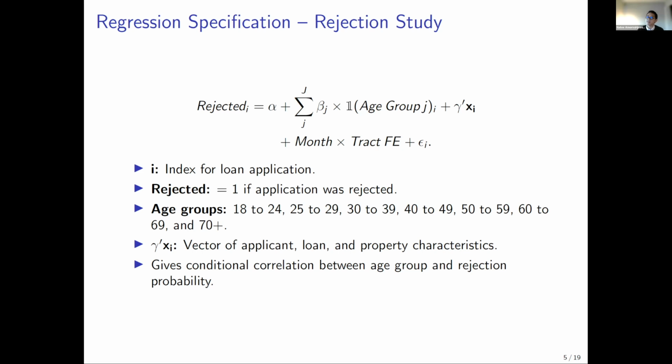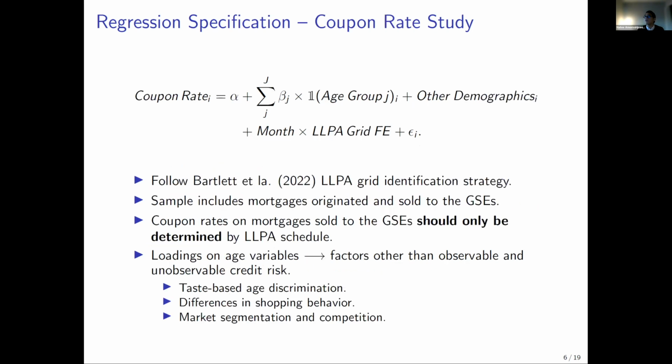Again, it's not a causal relationship, but since this is the first paper to look at this relationship, it's still very informative. So for the coupon rate study part of the paper, I'm going to follow the identification strategy from Bartlett et al. 2022, which exploits this thing called the loan level pricing adjustment grid, which is a grid schedule that the GSEs use to price mortgages that they buy.